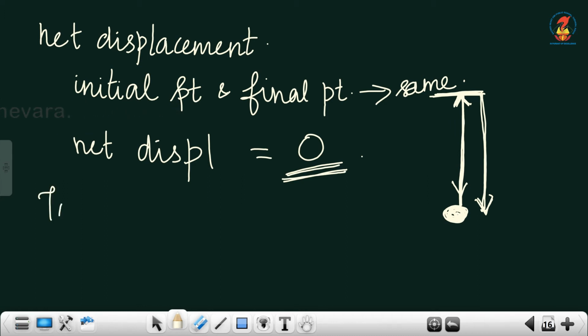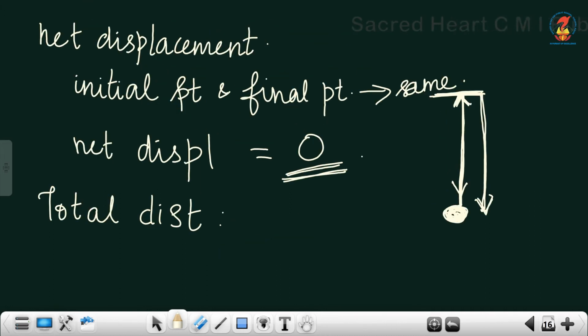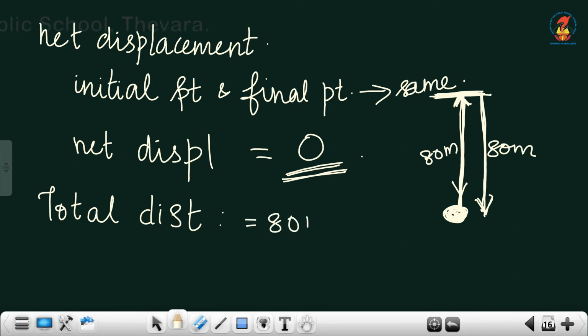Now, the next subdivision you need to find is the total distance covered by the body. To move up, the body covered a distance of 80 meter.